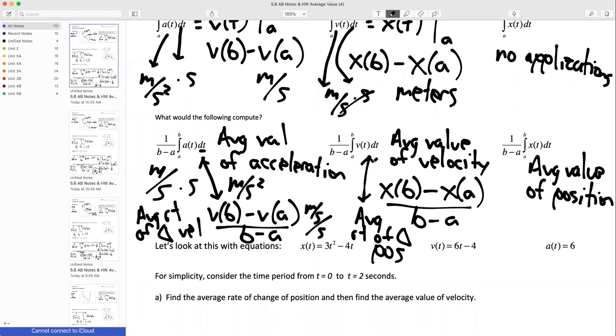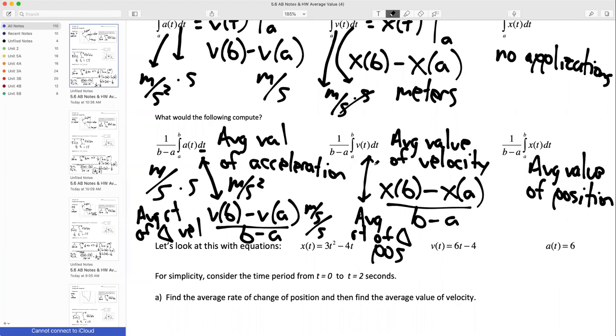Why? Look at the units. I integrate the velocity and I get position, and then I divide it by time, so it's position over time. Here I have the same thing, position over time. So what I'm saying is that depending on the information they give you, there may be two different ways to calculate the same thing. If I'm looking for an acceleration, I could find the slope of the velocity, or I could find the average value of the acceleration.